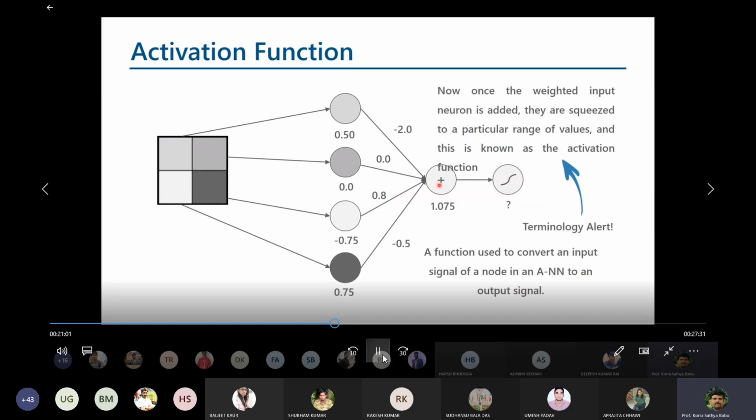It takes the output value of this neuron, the summing function result, and gives a value within some x and y range. That is what an activation function is: a function used to convert an input signal of a neuron in an artificial neural network to an output signal.